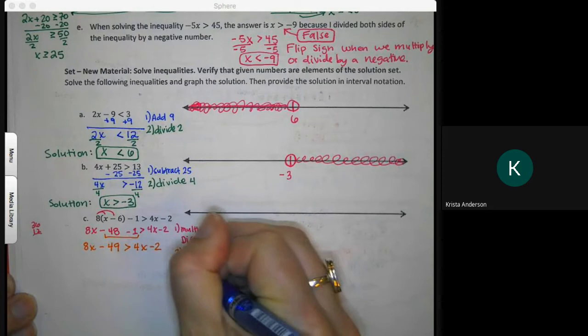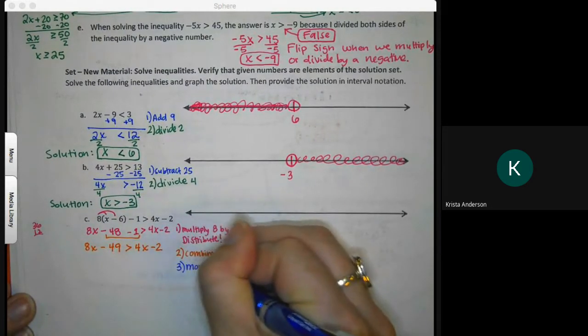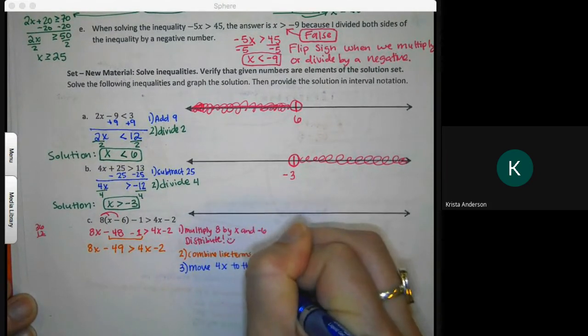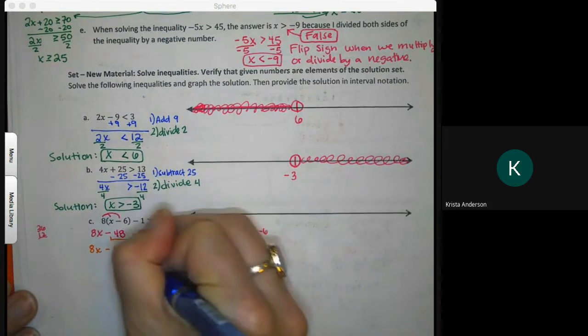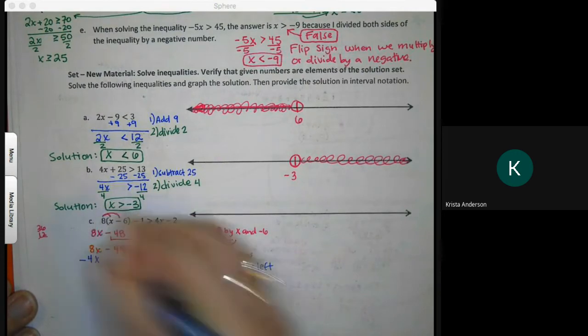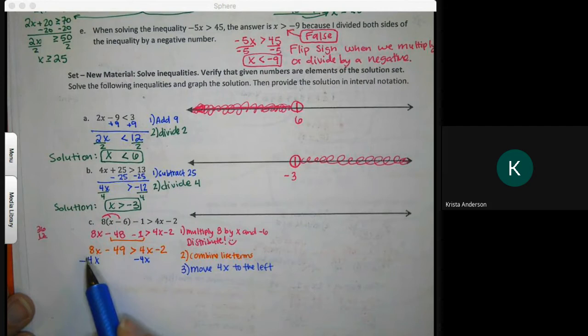Now I want to move my x over to the left. That means I need to minus 4x. If I move the 4x all the way over to the left, what do I need to do with the 49?